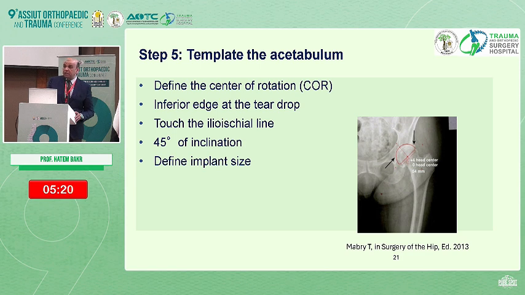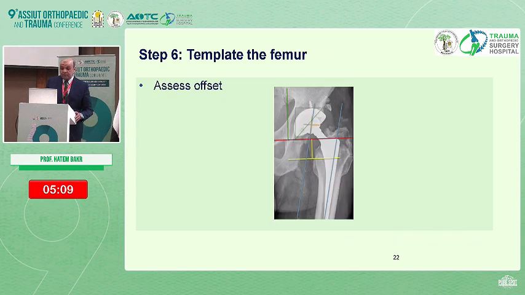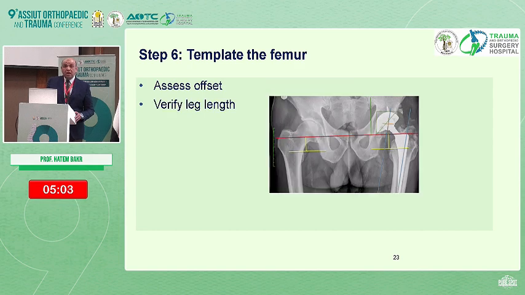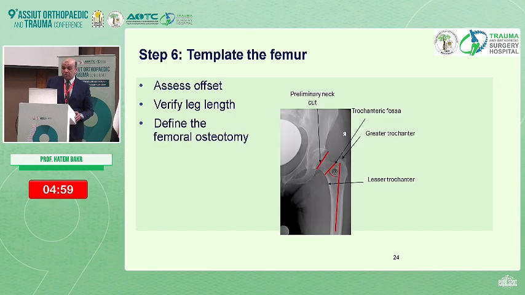This is pre-operatively. Don't rely on the company saying, oh, we do have all the sizes. We have to template it and have a pre-operative estimate of our cup size, and the same for the femur. As you can see here, we don't have a lot of options of the femur offset, but usually you should have lots of options in the femur offset, and this is going to be discussed in the intraoperative optimization of the patient.